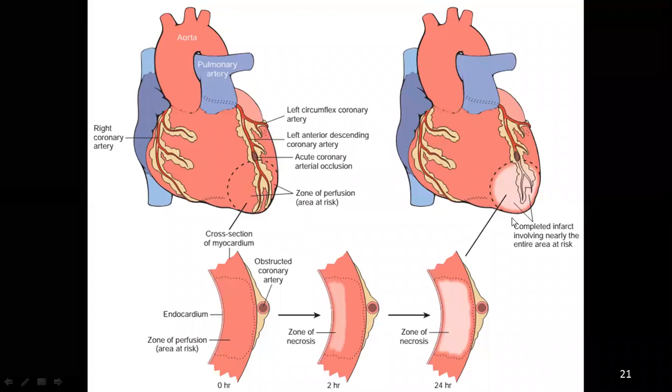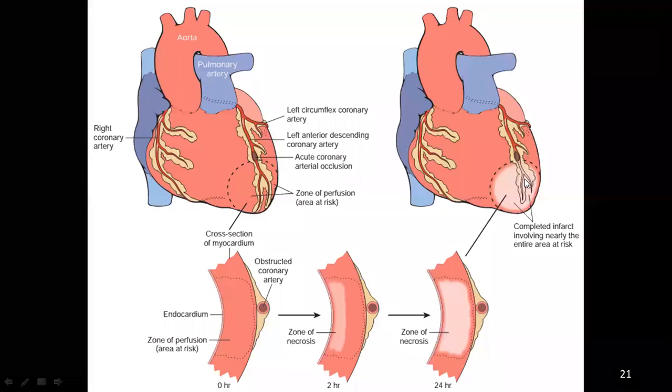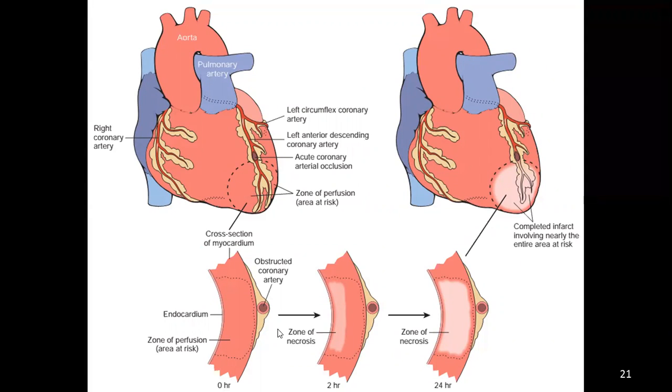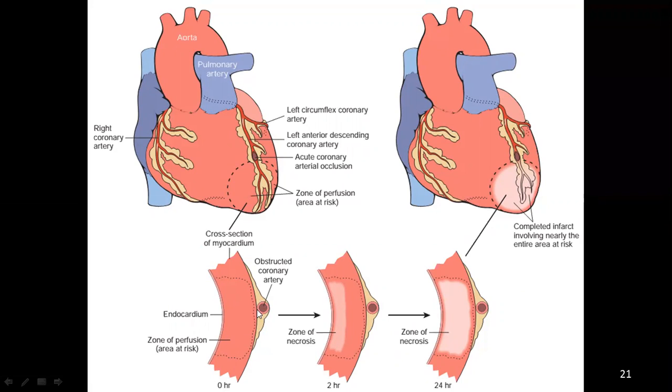Now, if you take a section from this tissue, what will it look like? So this is the obstructed coronary artery, and this is the area that is supplied by it. Now, the area most adjacent to the artery will still get some supply of oxygen and nutrients.